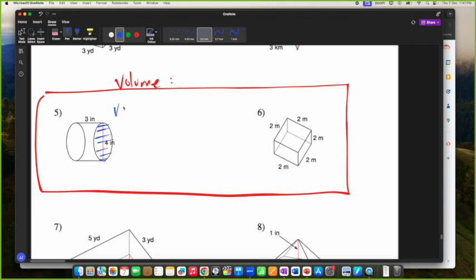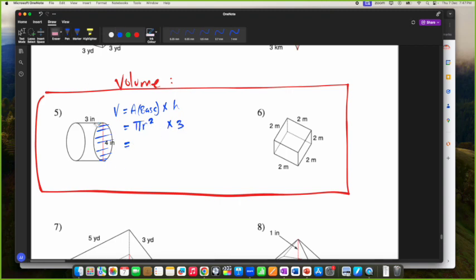So the volume is the area of the base times the height, and this is the height here. So the height is 3. The area of the base is pi r squared times 3.